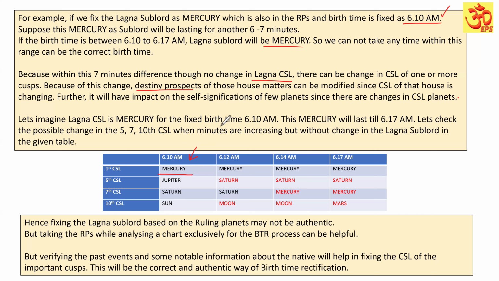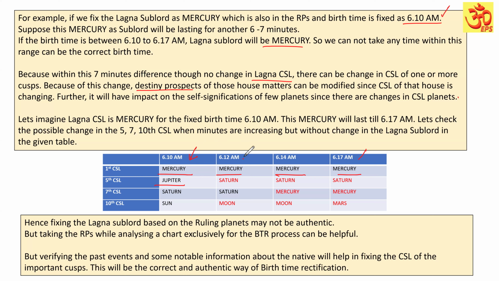Let us check the possible changes in the 5th, 7th, 10th cuspal sublord when minutes are increasing but without change in the Lagna sublord in the given table. It means 6:10 to 6:17 a.m., the Lagna sublord is going to be Mercury. But when the minutes are increasing from 6:10 a.m., the fifth cuspal sublord for this particular chart, imagine it is Jupiter.